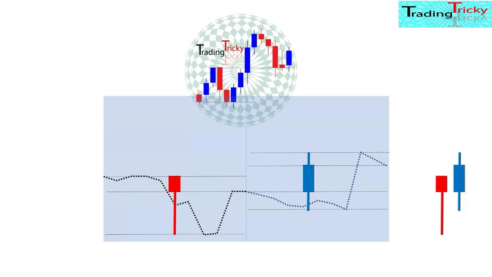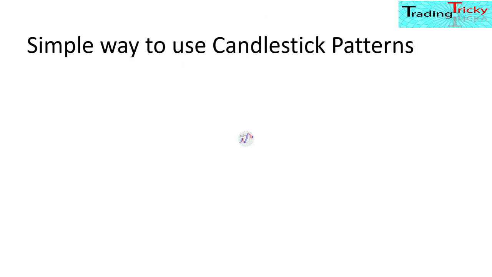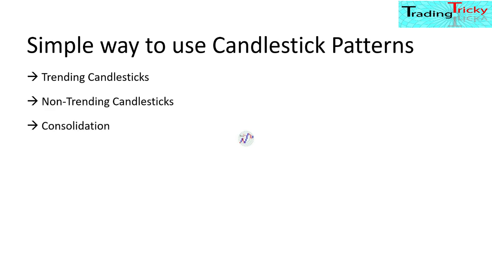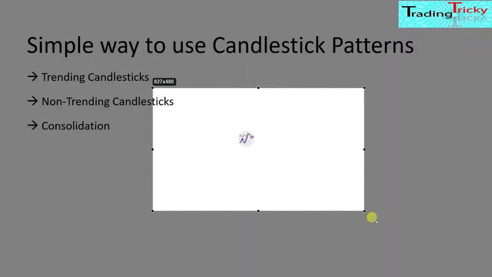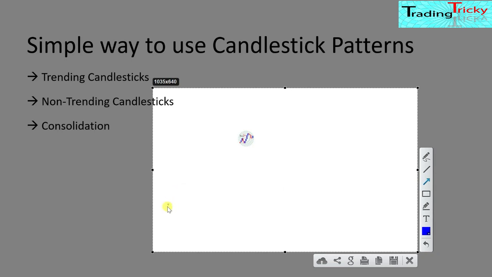So I have categorized the market in a simple way, something like this. Number 1, trending candlesticks. Number 2, non-trending candlesticks. Number 3, consolidation. For example, I always look for this kind of market, something like this. This is a trending market.